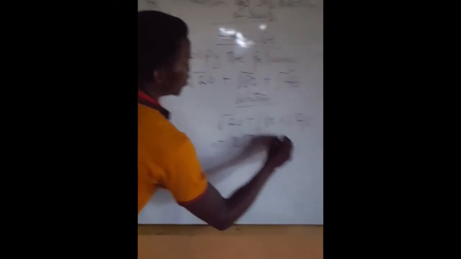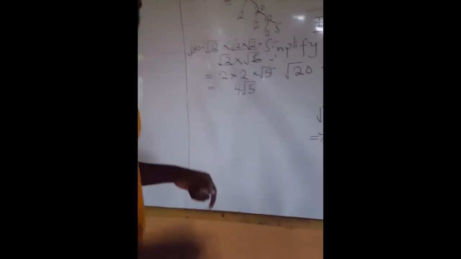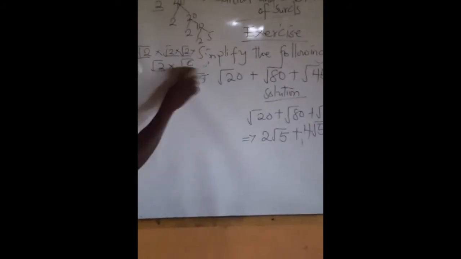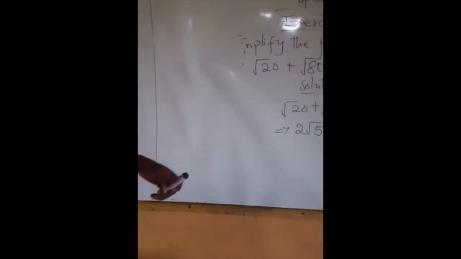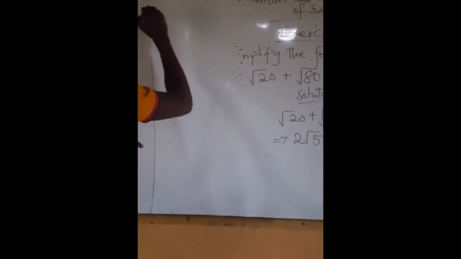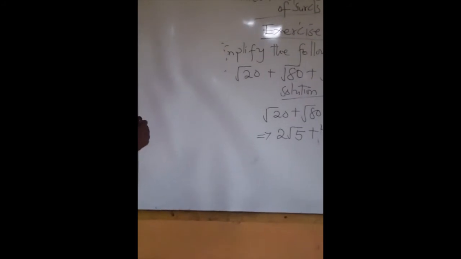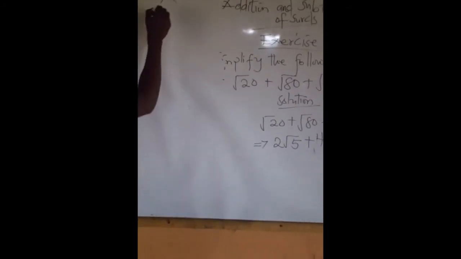we are going to get 4 root 5. And plus, let's break root 45 also down. So 45, we are going to get what? 2 can't go into 45. 3, so we move on to 3.